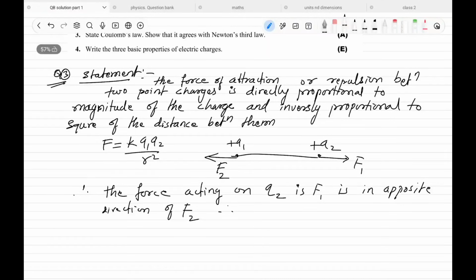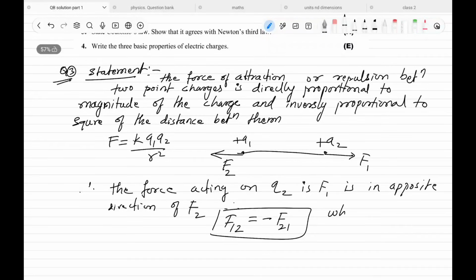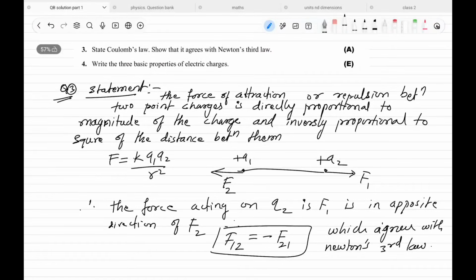Therefore, F12, the force acting on the first charge due to the second charge, is equal to minus F21. So it agrees with Newton's third law. You should write such a line there. I hope you got this point.